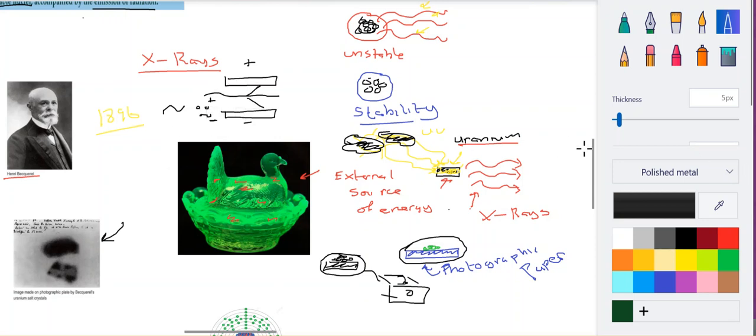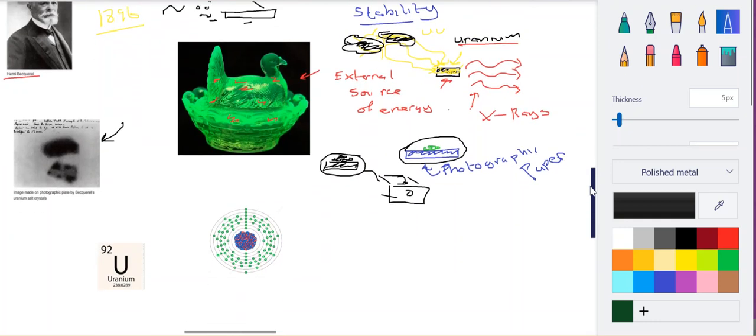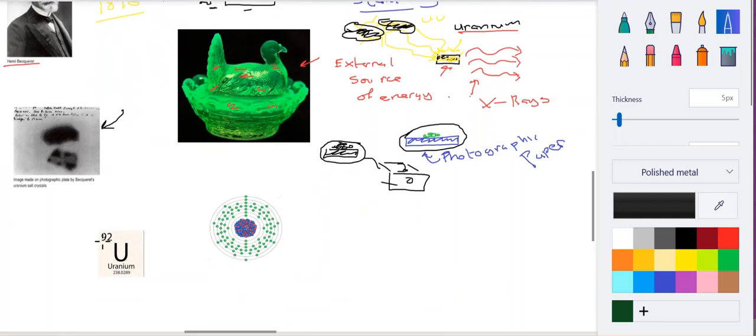If we think about uranium then, uranium is the 92nd element on the periodic table, and this is what the structure of a uranium atom looks like. You can see the nucleus is very, very dense, and it's quite a heavy atom.